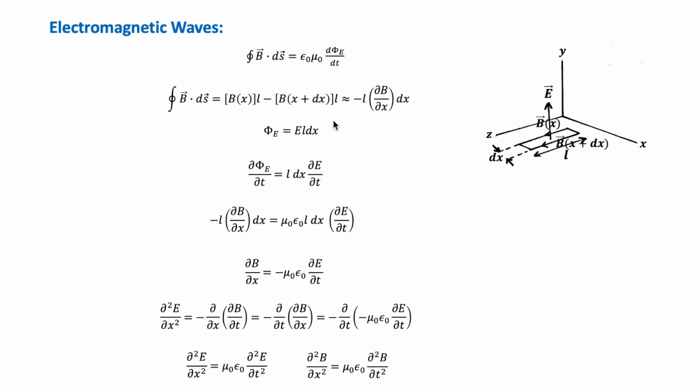The electric flux through the rectangle is equal to E L dx, and if we differentiate, we get this expression, and then we substitute here. So partial B over partial x is equal to minus mu naught epsilon naught partial E by partial t.